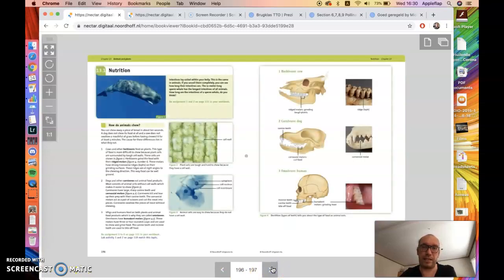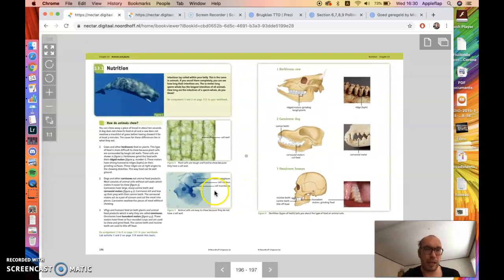Last lesson in school, Felix was there, for example, and Akshay, you were also there, and someone else. I don't quite remember, excuse me. And I showed them some skulls. And those skulls are suited for a certain type of animal: an omnivore, a carnivore, a herbivore. And I thought, hey, I saw these pictures before in the book.